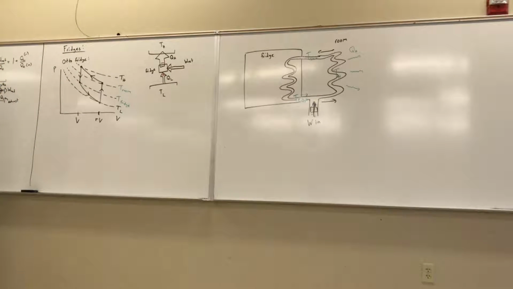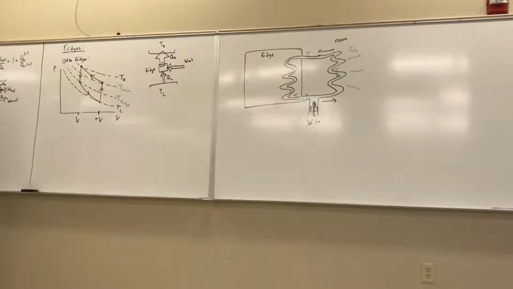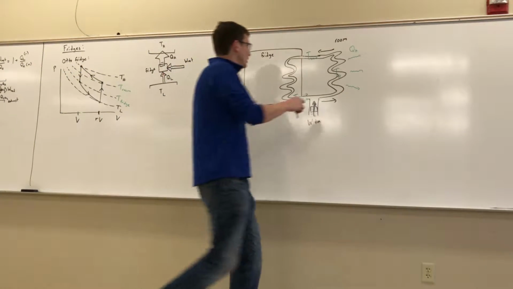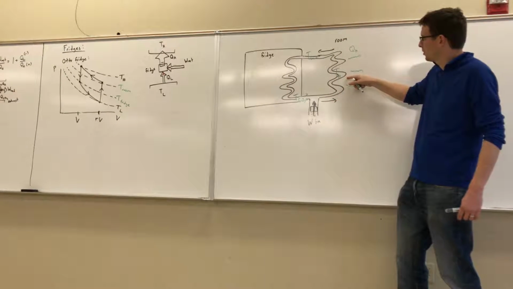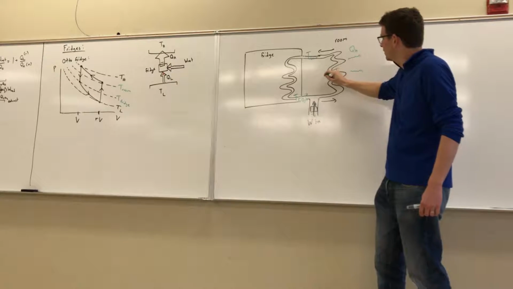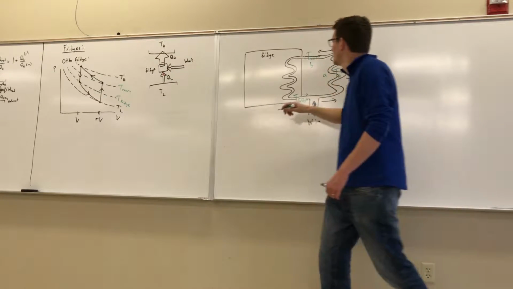What's that? Did someone say that? No, I thought you wouldn't start with the high temperature, right? So let's see. I started from the room. Let's go from T-H down to T-room. So I'll call this A and B.